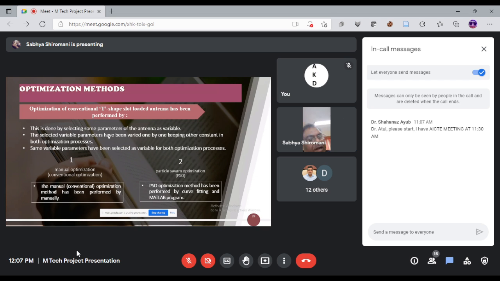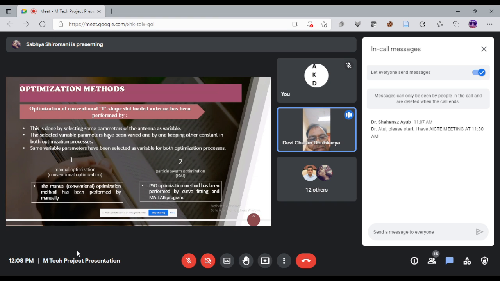Yes, the slot is what I have done on the patch that you can see in the previous slide. There was a T which was slotted over there. The T shape has been slotted, which was cut out from the patch of the antenna. That is how the slotting is done. You have cut a T out of a rectangle.